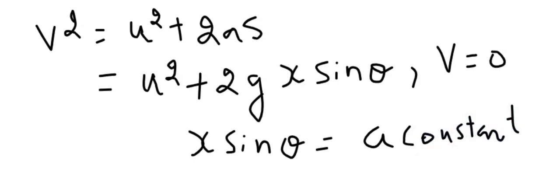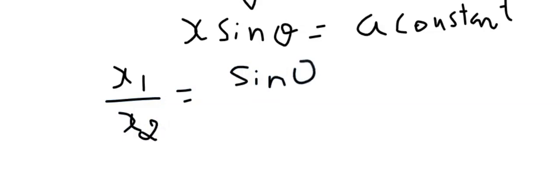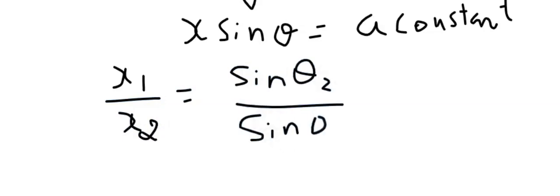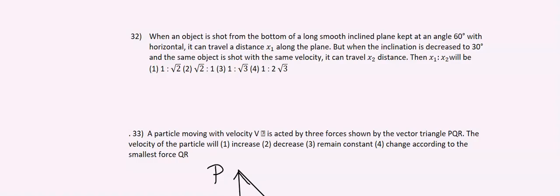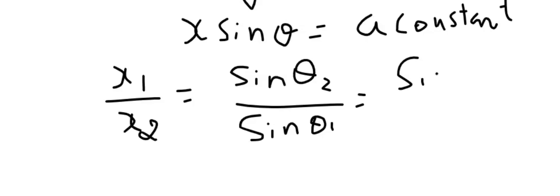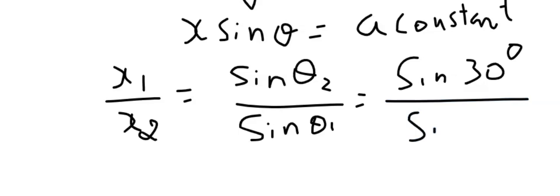So x1 by x2 is equal to sine of theta 2 by sine of theta 1. In the second case theta 2 is 30 and theta 1 is 60. Substituting those values, you'll get sine of 30 degrees divided by sine of 60 degrees.